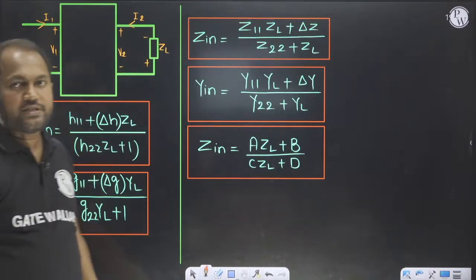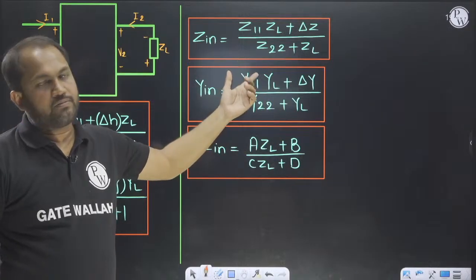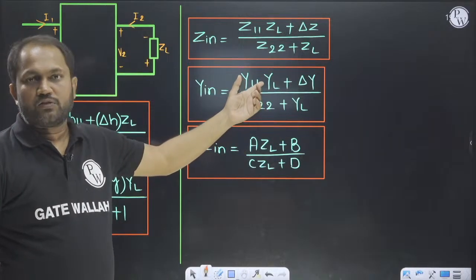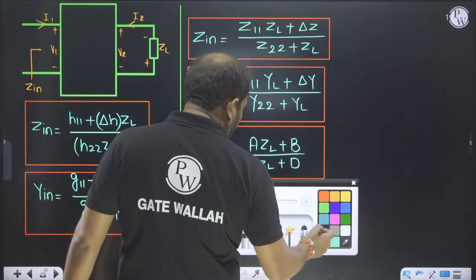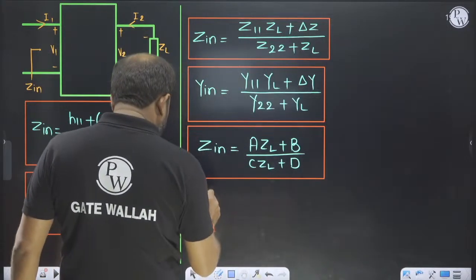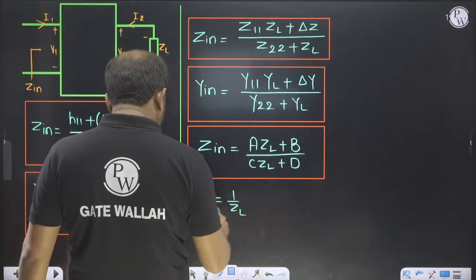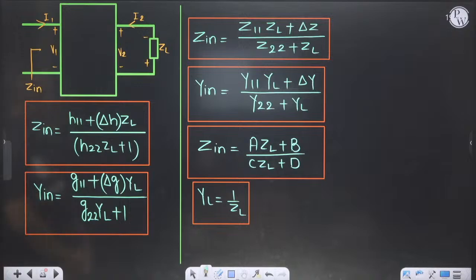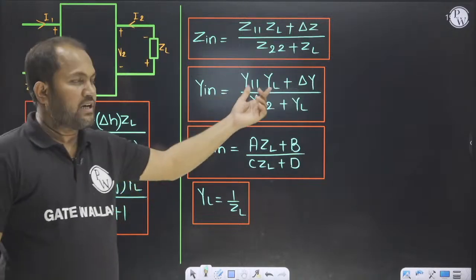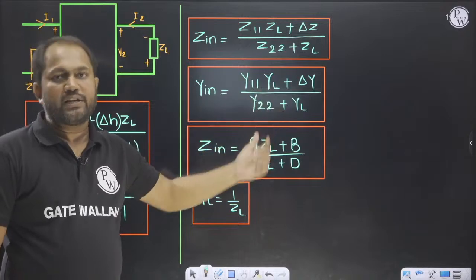In some cases the Y parameter is given and the load impedance is given, so we can find YL equal to 1 by ZL. If ZL is given, no problem; if YL is given, no problem. So with the Y parameter and YL given, we can find Y-in, and Z-in is equal to 1 by Y-in.